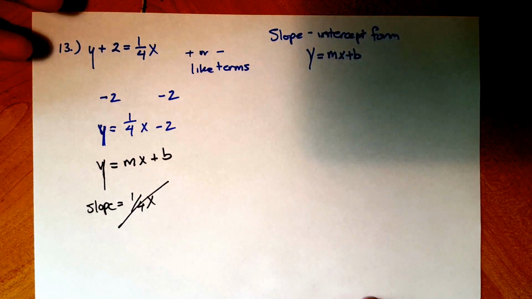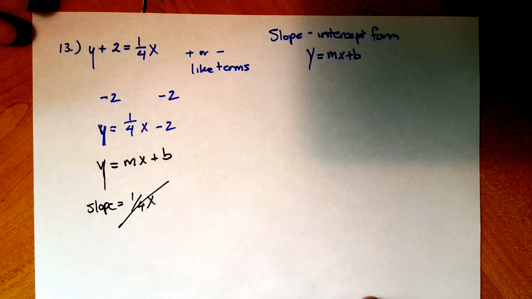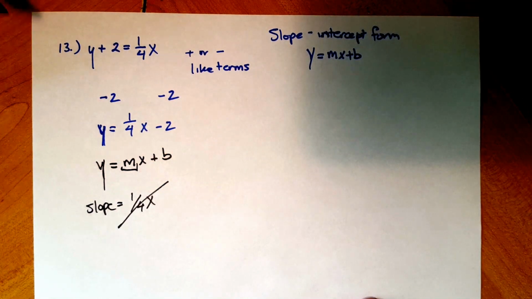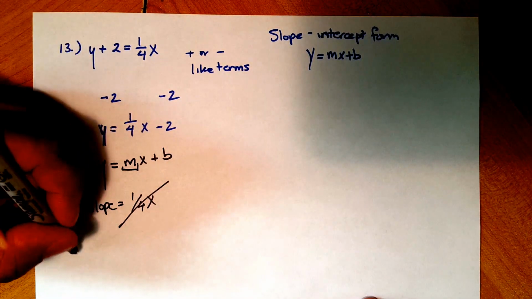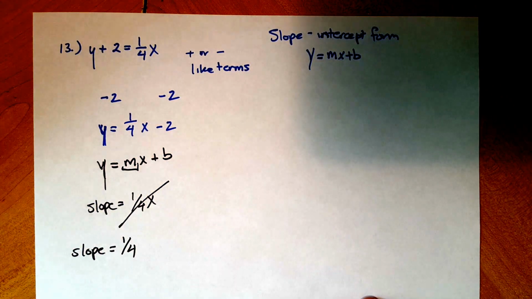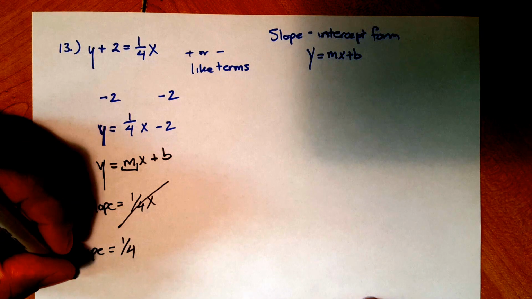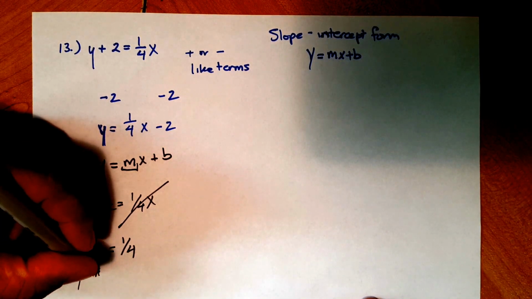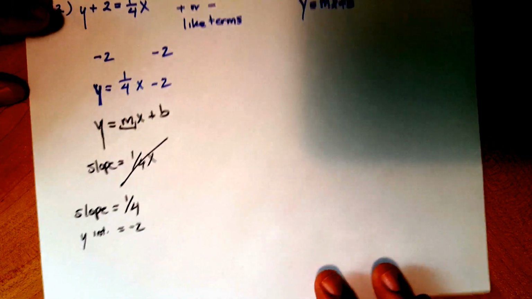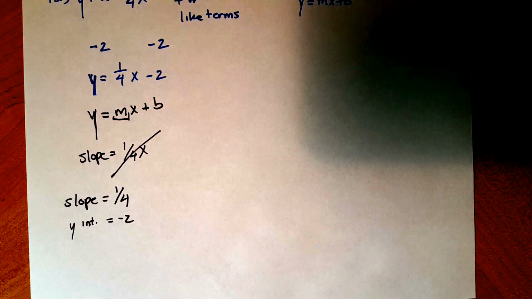It is not a term. So that means there is no variable with it. When we talk about the slope, we talk about the coefficient of x, the number in front of the x. So our slope, in this case, will be 1/4, and our y-intercept will be -2.